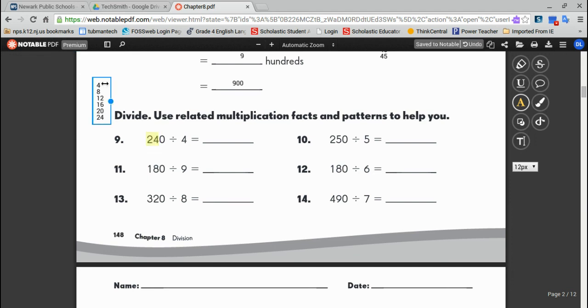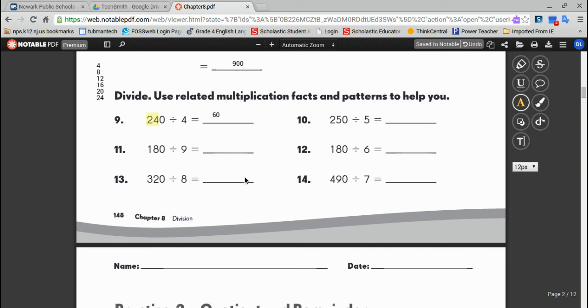Okay? So 24 divided by 4 is 1, 2, 3, 4, 5, 6. So we have 6. But it's not just 24, it's 24 tens with that 0 behind it, so it's 6 tens with a 0 behind that. Alright, so 240 divided by 4 equals 60.